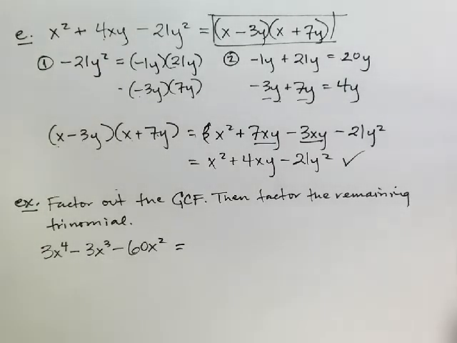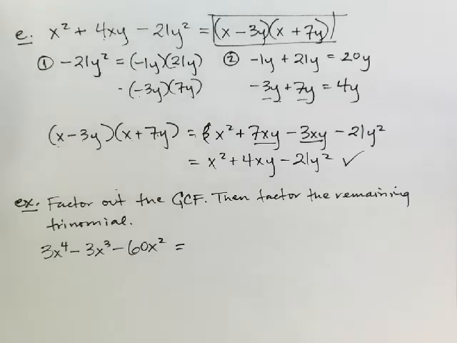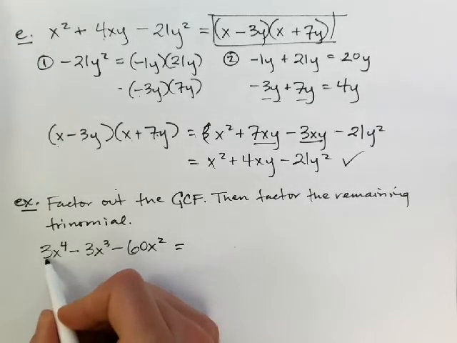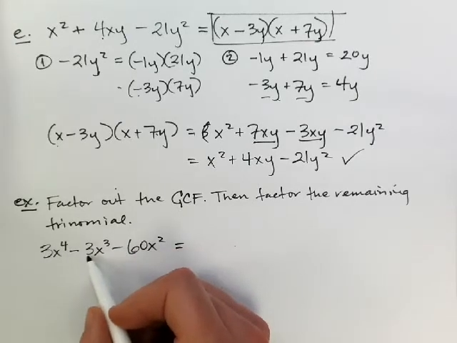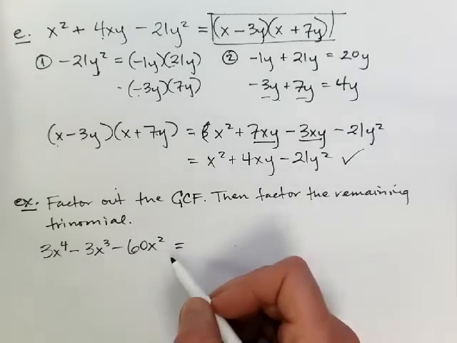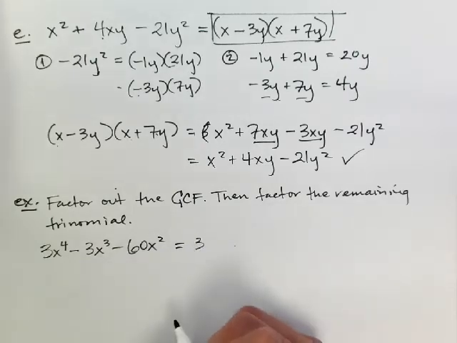Start by identifying the GCF, pulling it out of each term. It looks like 3 is the biggest thing that could divide this coefficient. It divides that one, and 3 also divides 60. So 3 is going to be a part of it. And then we have a power of x in each term.